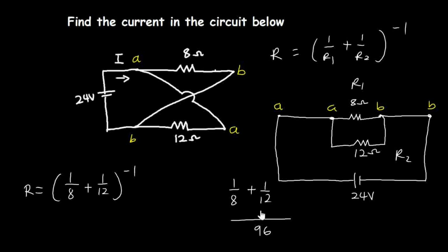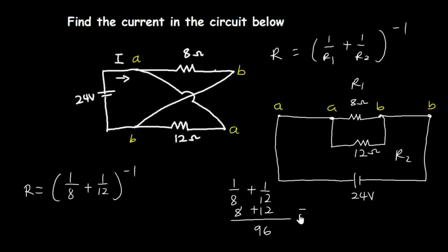Then I'll do cross multiplication. I'll multiply this 12 by this 1, and this 8 by this 1. 8 multiplying 1 will still give me 8, and 12 multiplying 1 will give me 12.